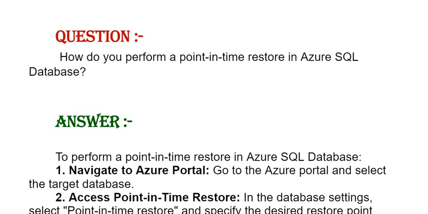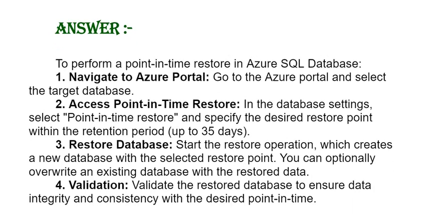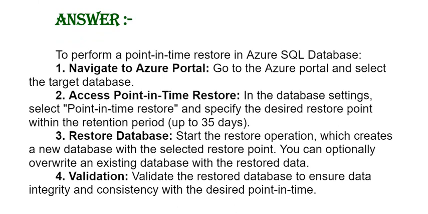Our next question is, how do you perform point-in-time restore in Azure SQL database? Your answer should be, to perform point-in-time restore in Azure SQL database, first one is navigate to Azure portal. Go to the Azure portal and select the target database. Second, access point-in-time restore. In the database settings, select the point-in-time restore and specify the desired restore point within the retention period up to 35 days.